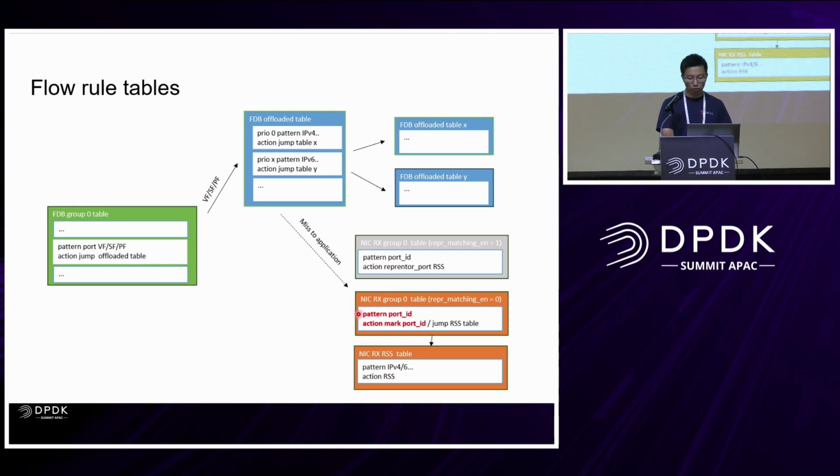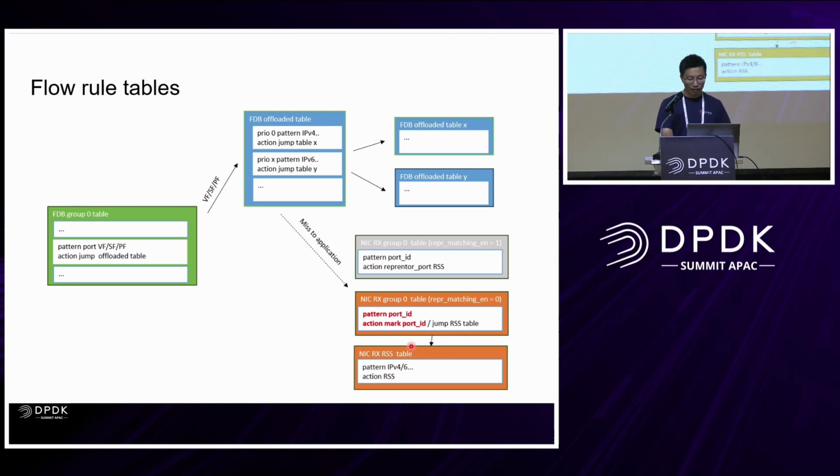In this case, we just match the pattern port ID, then the action sets the port ID to the mark, the packet metadata. Then it will just go to the uplink representor port, or maybe we can call it the proxy port, which would be better, to the proxy port RSS table, since for now the proxy port takes over all the traffic.